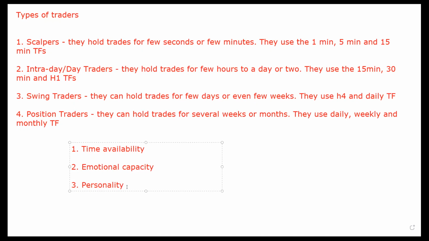If you are normally somebody who is not really that patient, you can't really stay for long. Your mind will just be on the trades. So just find a scalping strategy or an intraday strategy that you can use. Once the trade is done, it is done. All right. So your personality is really very, very important.